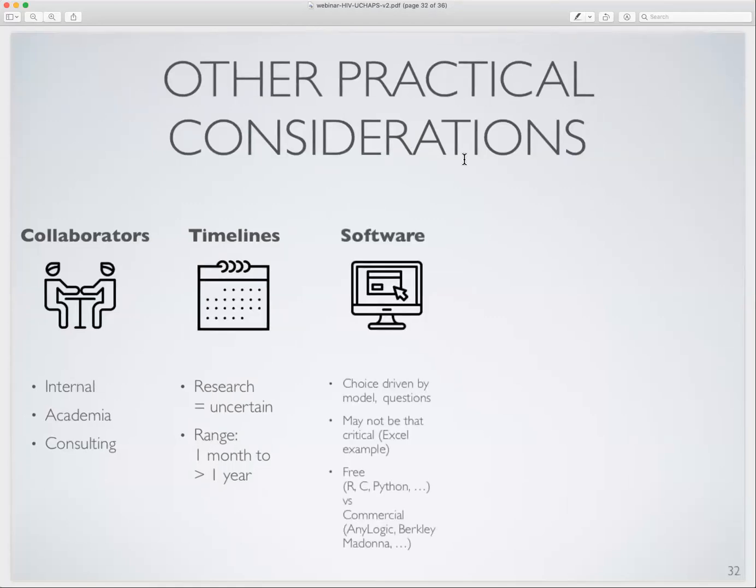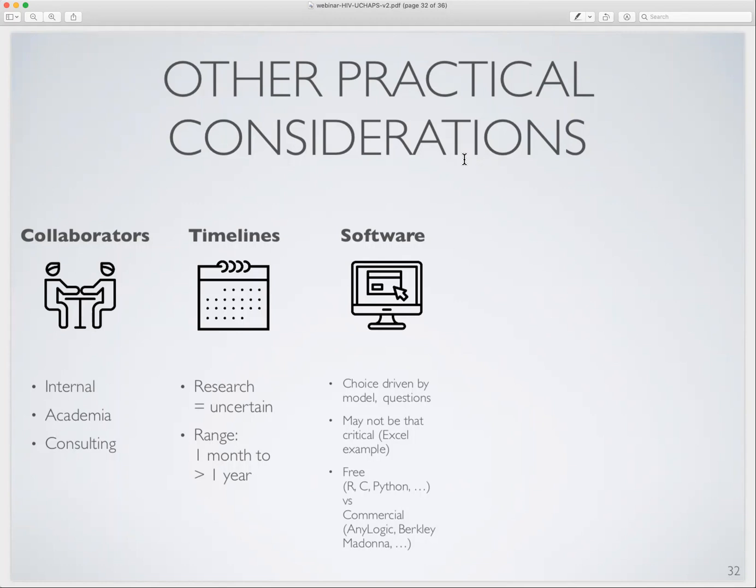So let's assume that you have the internal resources to conduct a modeling project. Do you need specific software? Well, again, it depends on how complex the model should be based on your research question. But I would say there is no rule. This is principally based on the preferences of the modelers.